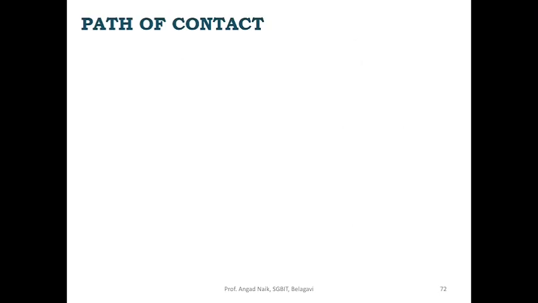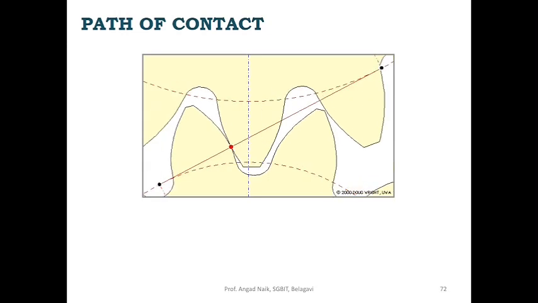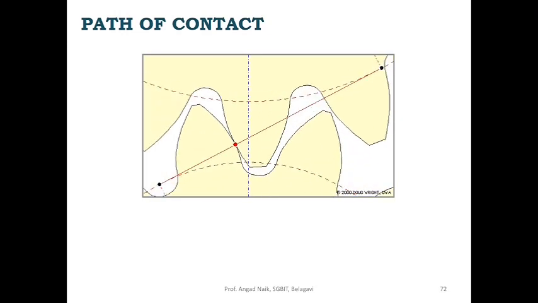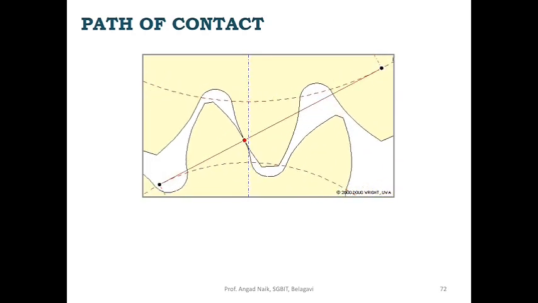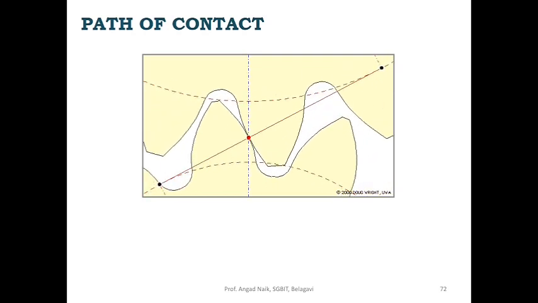With this, we'll move to the next topic, which is path of contact. We'll see the animation first and then go to the description. In this animation, there is a red dot.